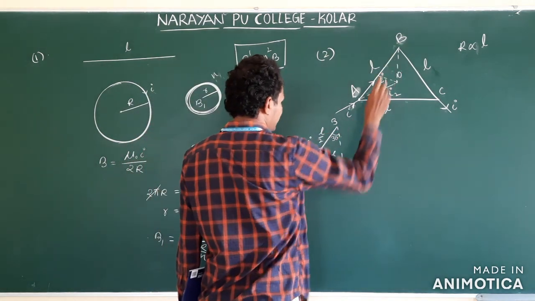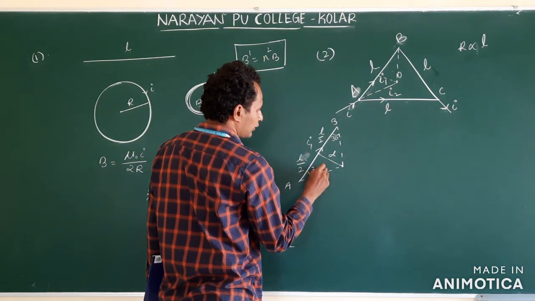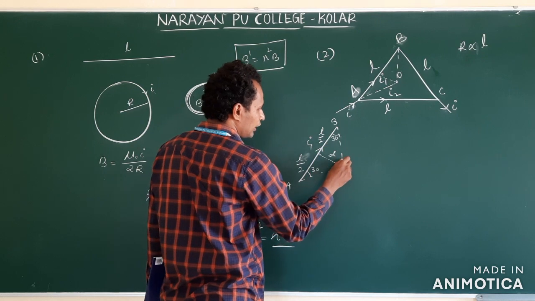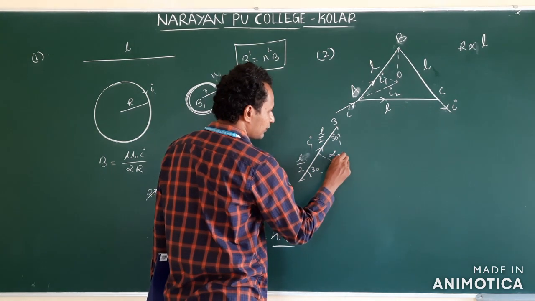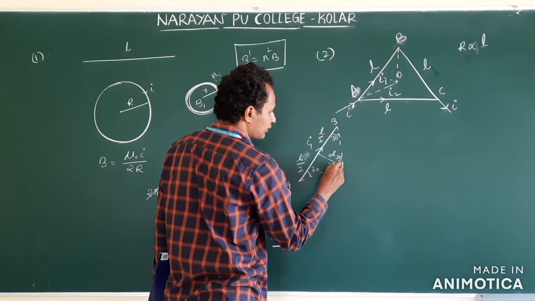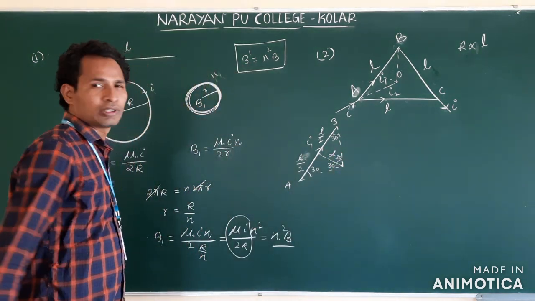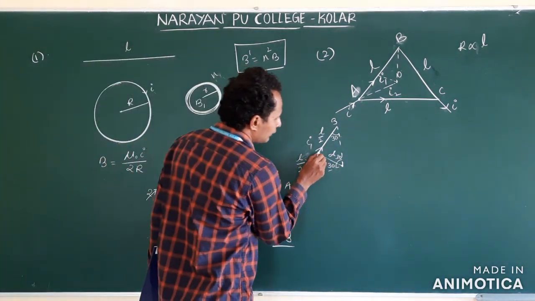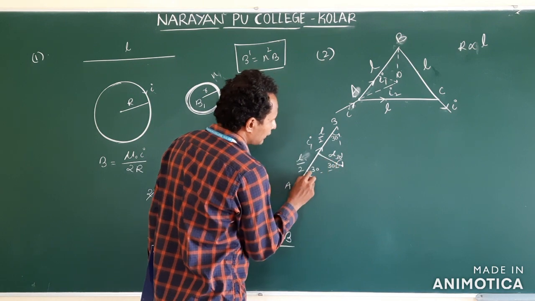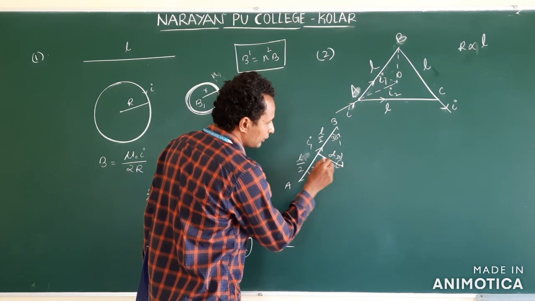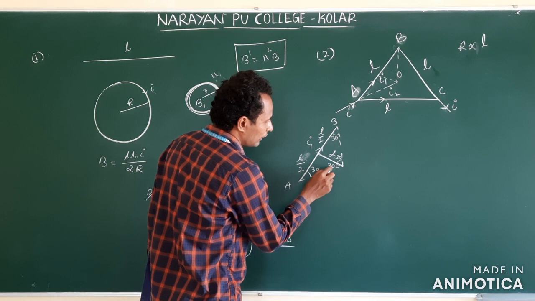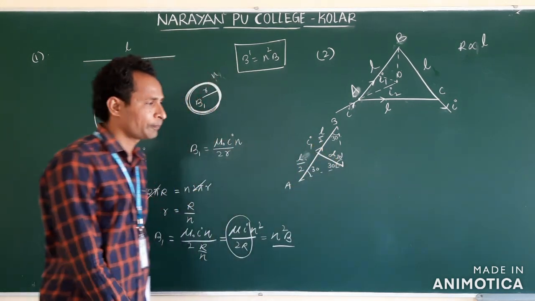If this is 30, this is also 30. This total angle is 60, but this line is bisecting. What does it mean? 30, 30.